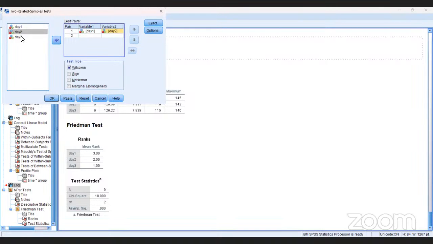After that, you can write down day 3. No, sorry, this one is day 2. Day 1 versus day 2, and the next one. You can click the day 1. Acha, it will not allow much. Only this one. Okay. So day 1 and day 2, whether there is any difference or not. So this is the Wilcoxon sign rank test. And then you have to click the OK.